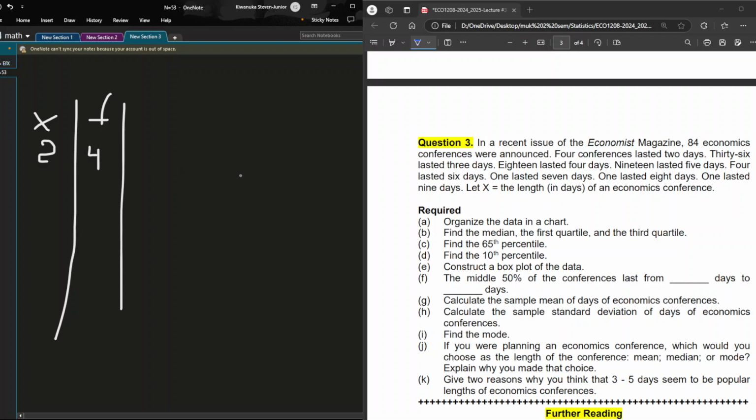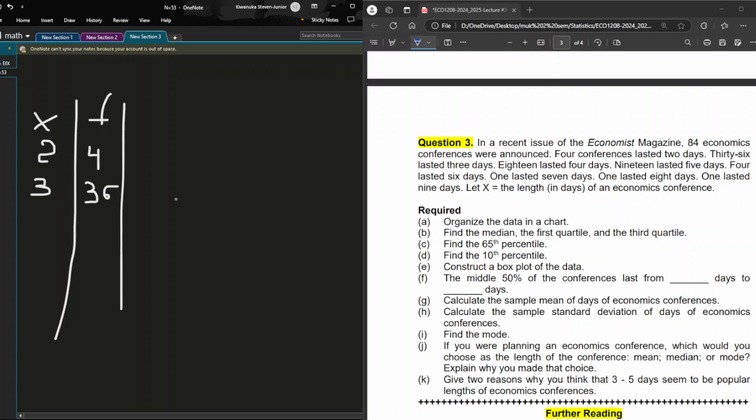Then they are saying 36 lasted 3 days. So here we have frequency 36, lasted 3 days.